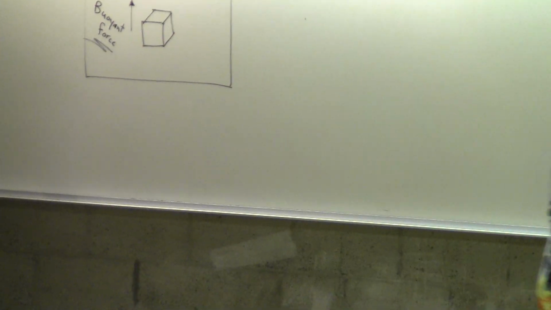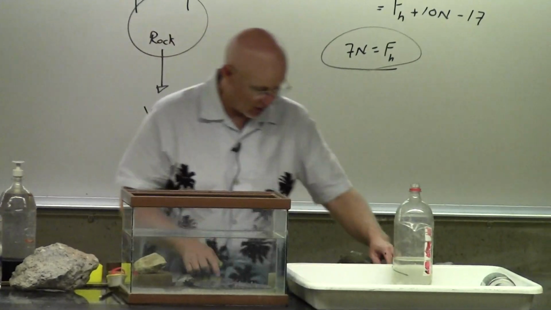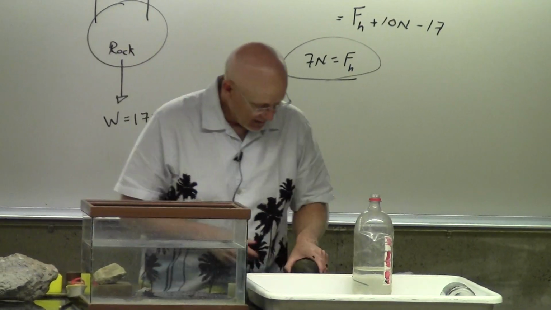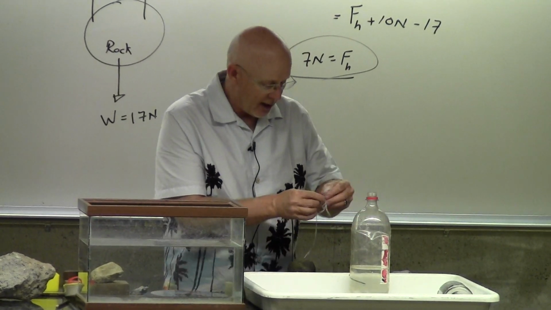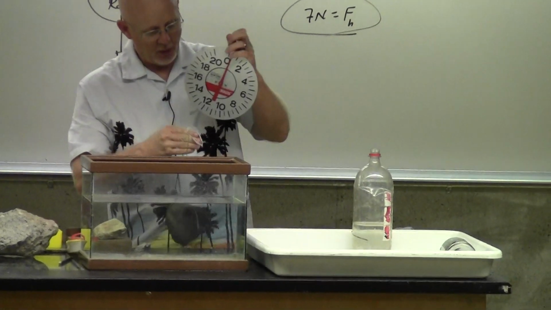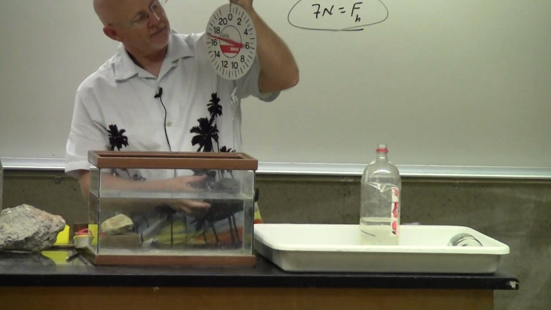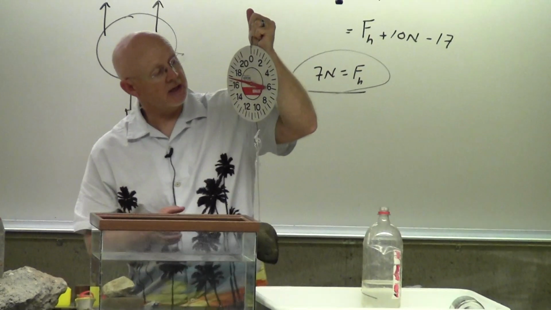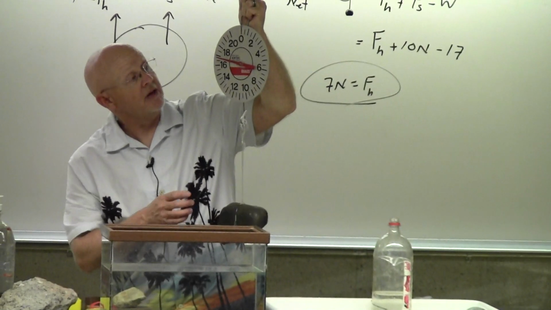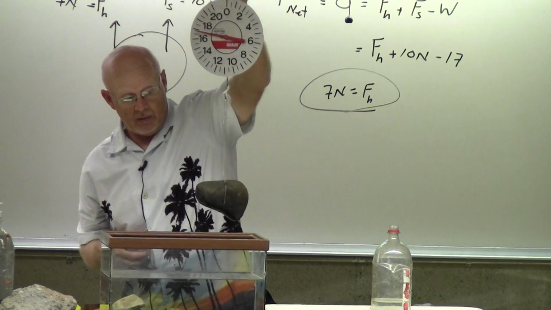But again, even if you haven't, I hope you will see it, and I'll just show it again here, that the water itself is supporting this rock. And in this case, I would say it's supporting it by about 7 newtons. Because again, we've got to pull up with 17 right now.